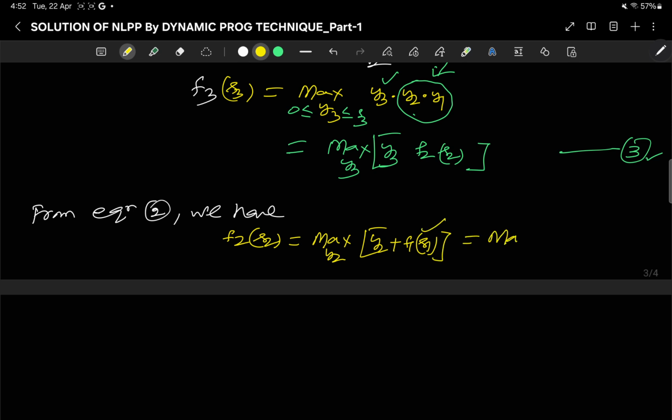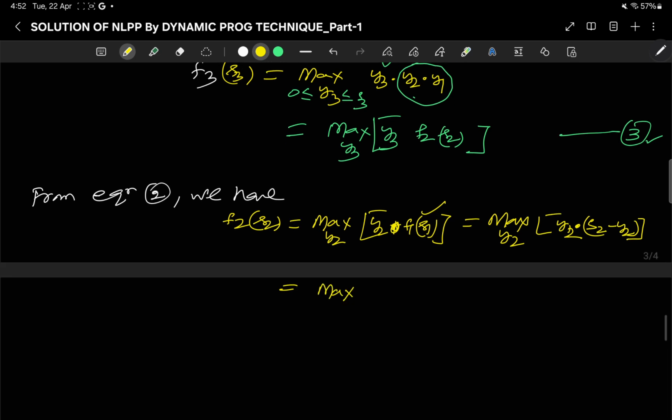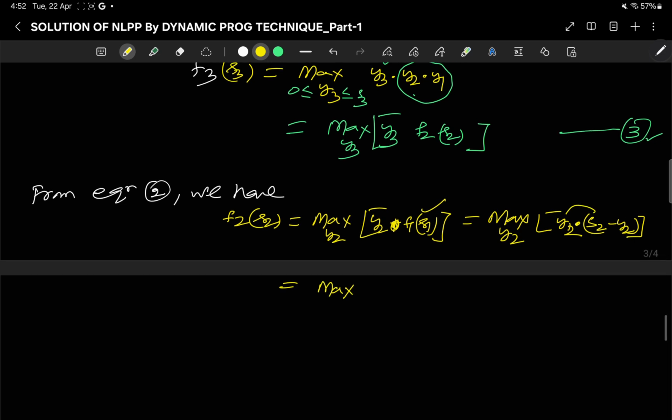So it is the maximization over y2 of y2 into (s2 minus y2), which is equal to the maximization over y2 of s2y2 minus y2 square.